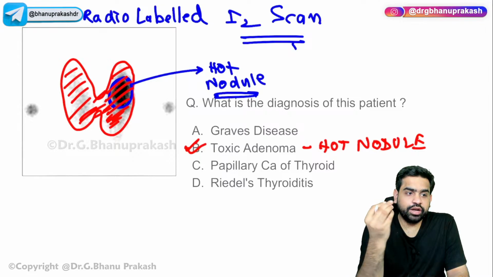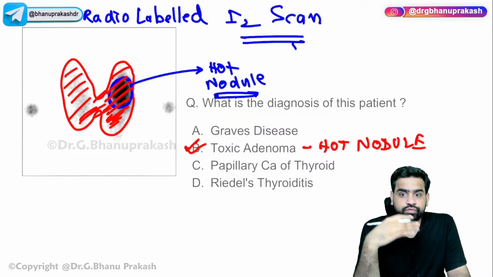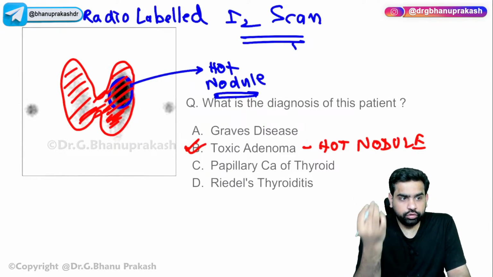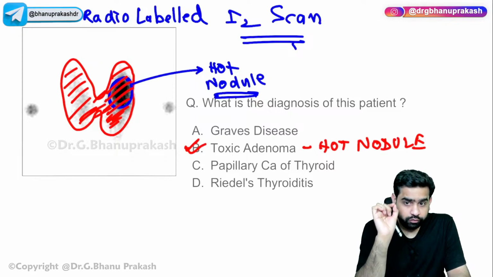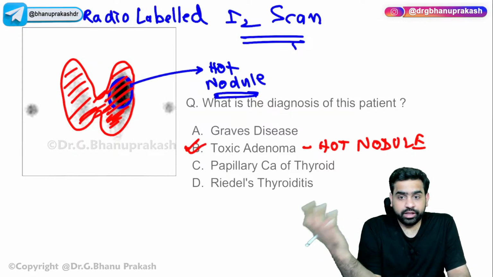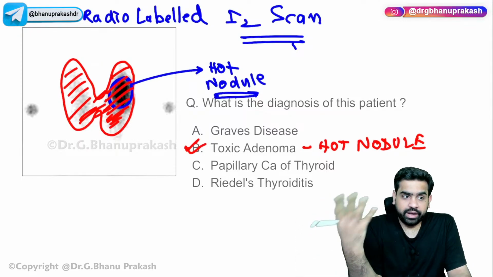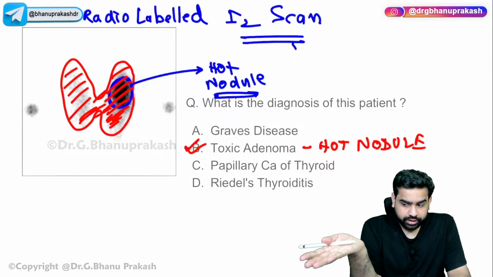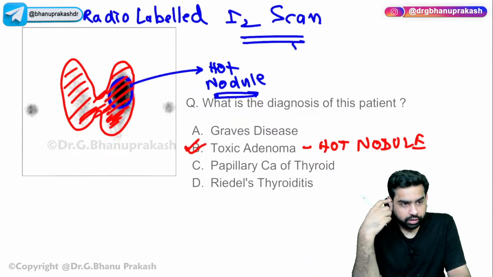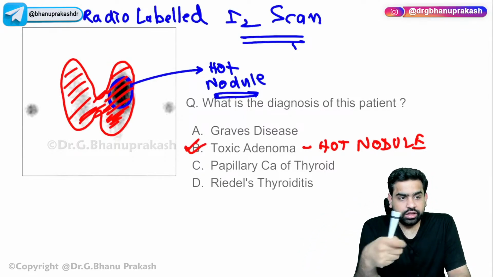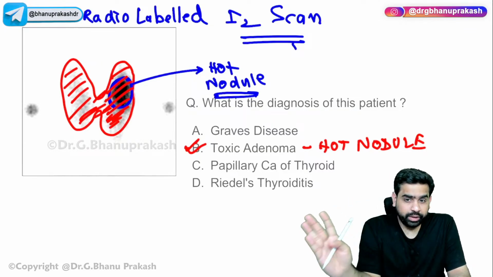So see, try to understand. Toxic adenoma is because of various reasons, right? So you have to do an FNAC and find out what the problem is. Maybe there is some malignancy, maybe it's just a benign hyperactive nodule. After you get the report of the FNAC, then you will determine the treatment. If it's benign, you can perform a hemithyroidectomy.